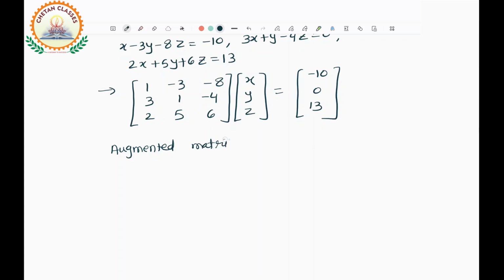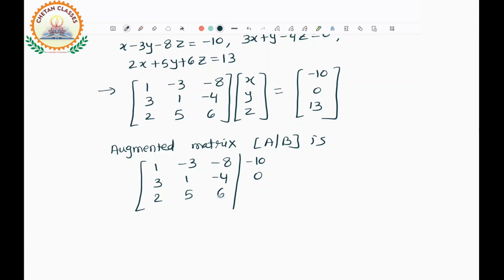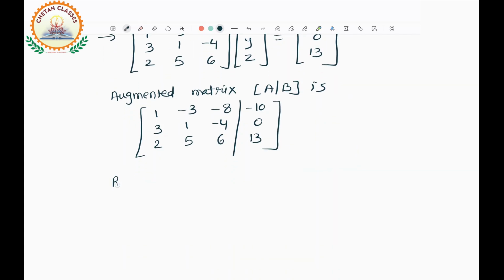The augmented matrix is [1 -3 -8 | -10; 3 1 -4 | 0; 2 5 6 | 13]. Now R2 tends to R2 - 3R1 and R3 tends to R3 - 2R1.